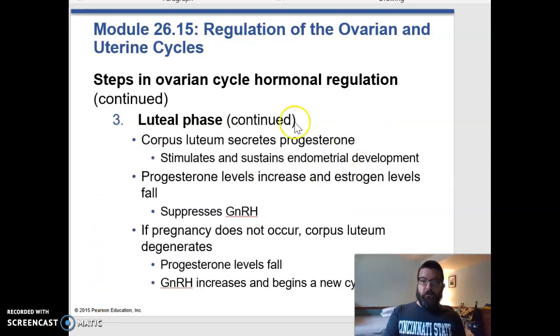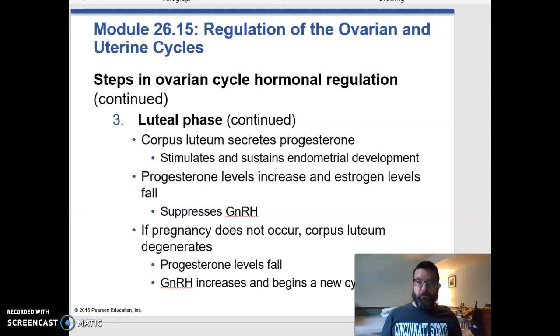The corpus luteum is going to secrete mostly progesterone. And progesterone, as the name implies, helps with gestation. It is pro-gestation. As that level increases, that causes the last phase of the uterine cycle to kick in, the secretory phase, where you fill up all those cells and the spaces between them with that nutritional goo.